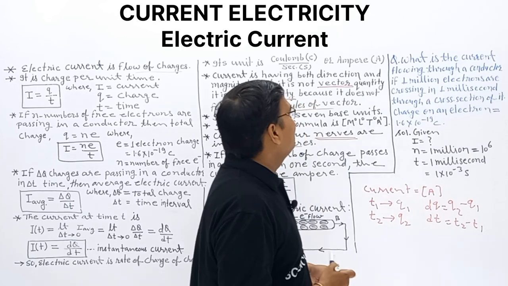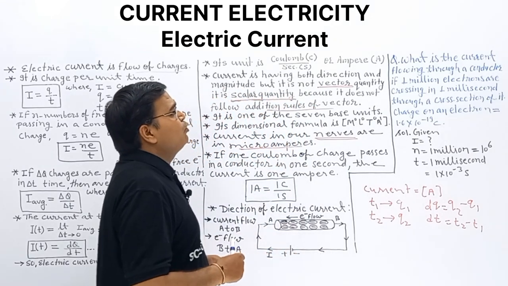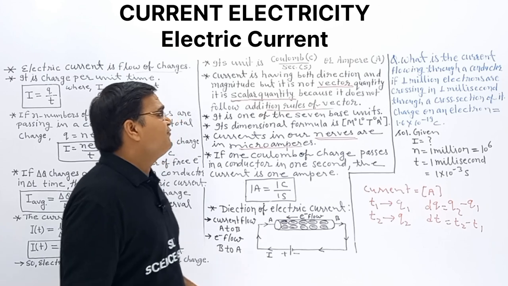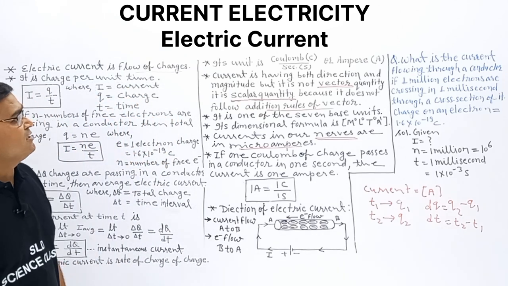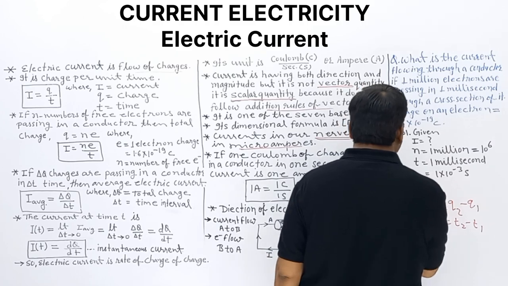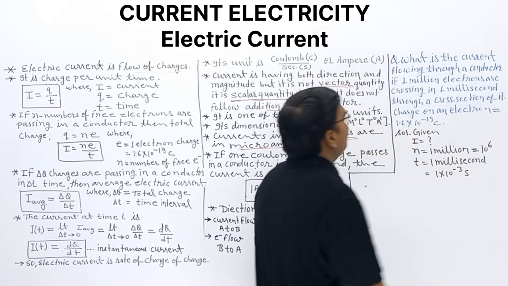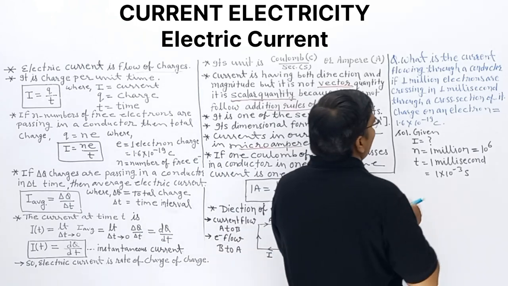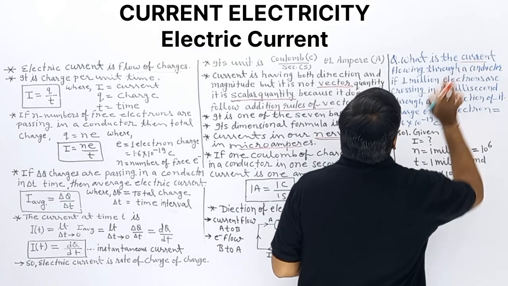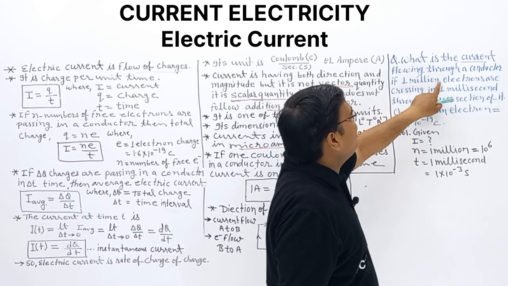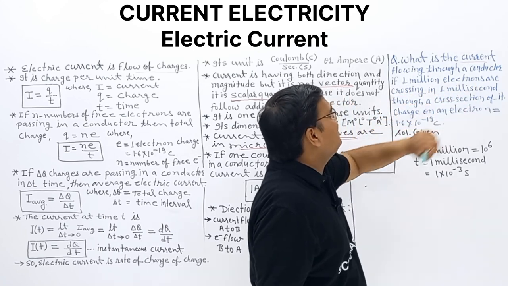What is the current flowing through a conductor if 1 million electrons are passing in 1 millisecond?